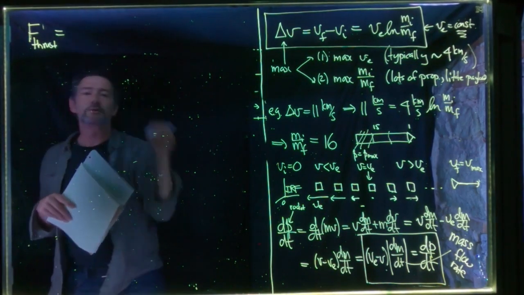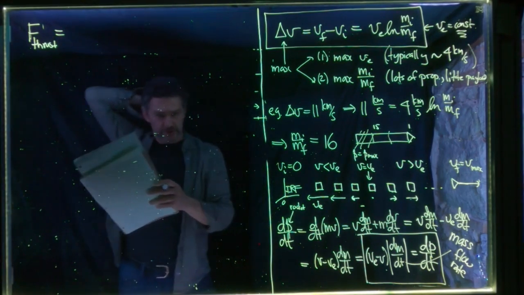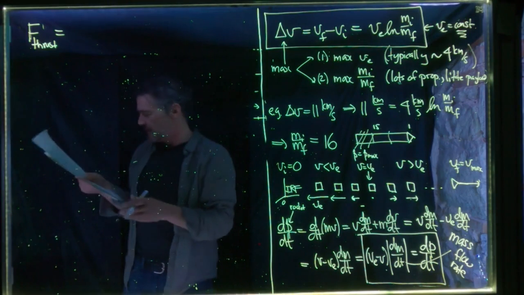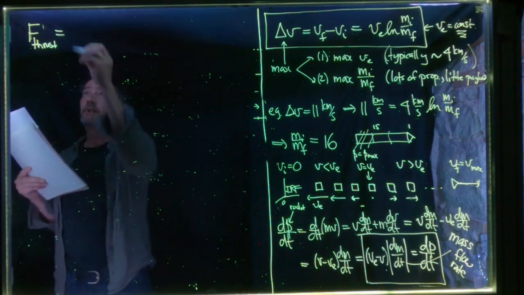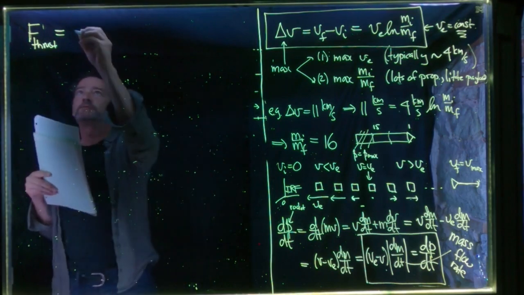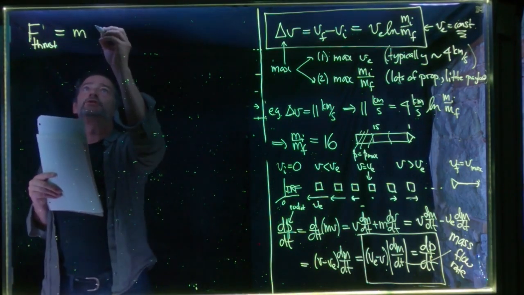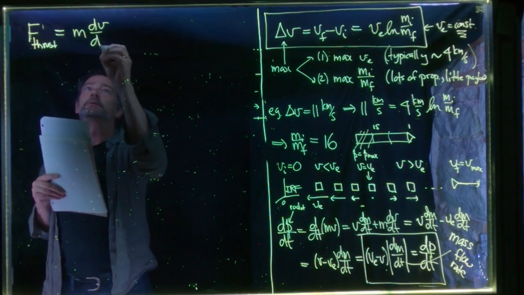So what does that mean? It's the effective force acting on the rocket. So force equals mass times acceleration. So the way we will write this, I should say this a little bit differently: we have the mass of the rocket at any instant of time times its acceleration, which is dv/dt. Okay?